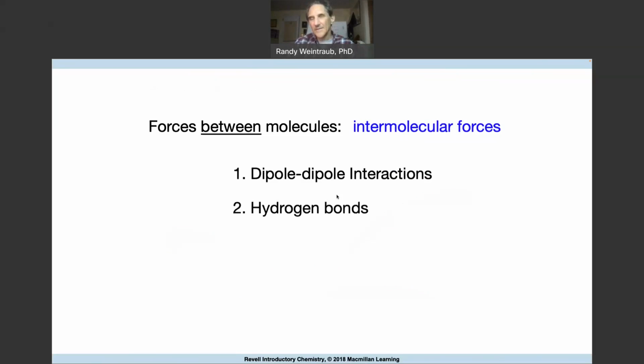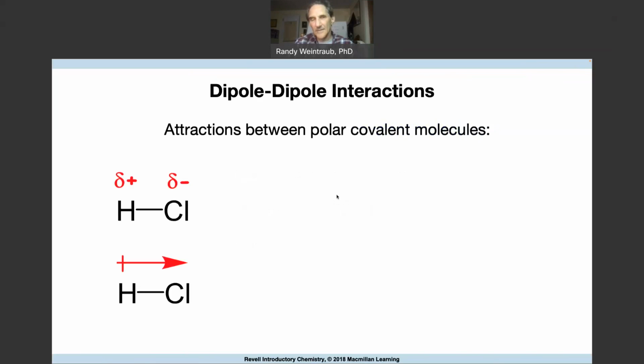Broadly, these can be divided into three key groups: dipole-dipole interactions, hydrogen bonding, and dispersion forces. As we saw in chapter 9, many molecules contain polar covalent bonds.